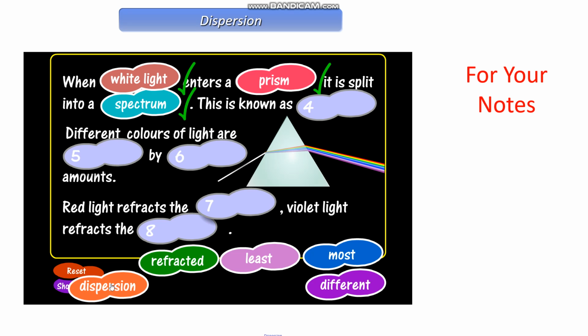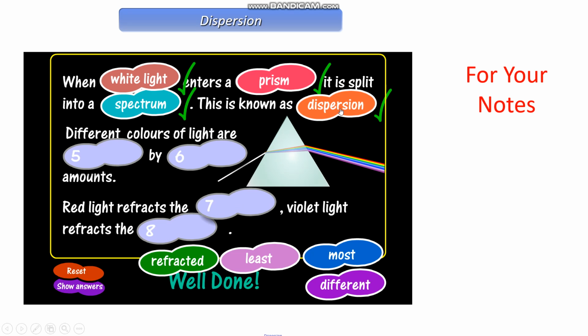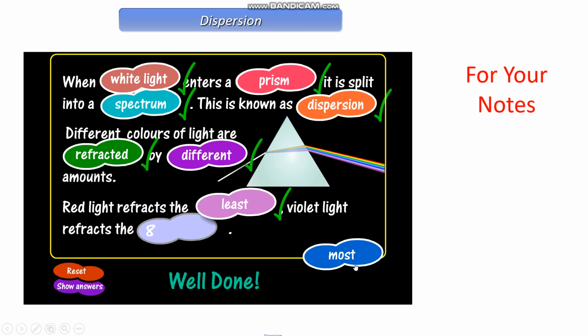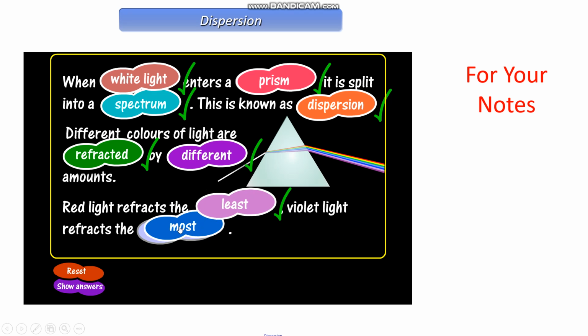This effect is known as dispersion, and if you remember, it's caused by different colours being refracted by different amounts. Red light is at the top, it's refracted the least, whilst violet light is refracted the most. Okay, please check and correct if you didn't manage to get those done.